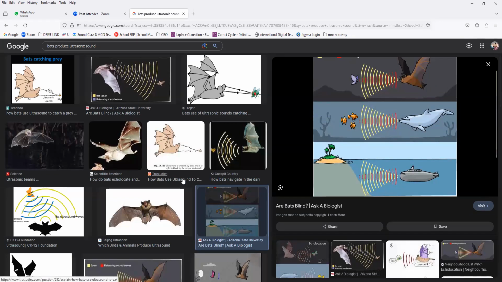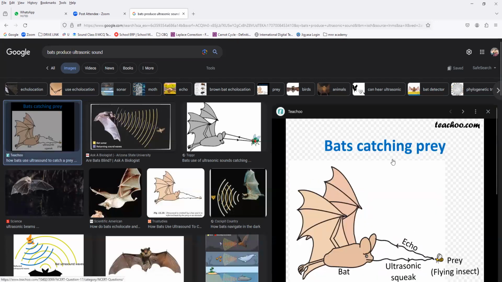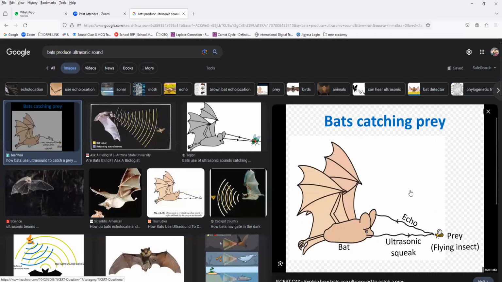Now coming to the flight of the bat. This is our NCERT figure. You can see here, during its flight, the bat emits ultrasonic waves. Do you remember? It produces an ultrasonic squeak.